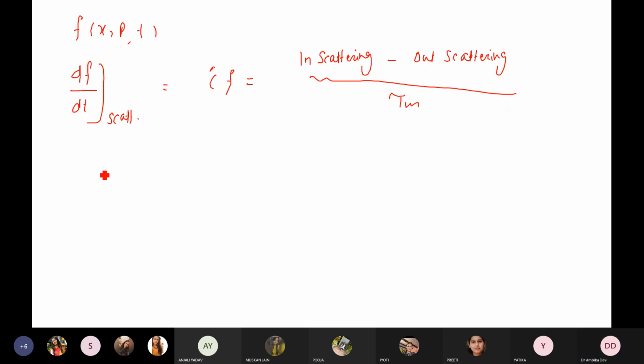Okay, so it means that, see here, this could be further explored as, this is further equal to minus f(t, r). We are not taking it as x because we are talking in 3 dimensions, right? So now x is replaced by r.